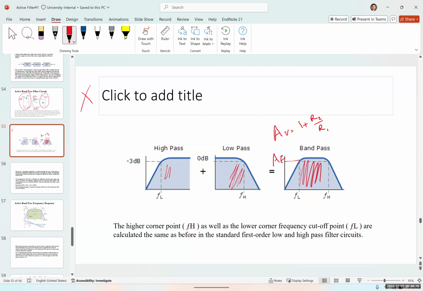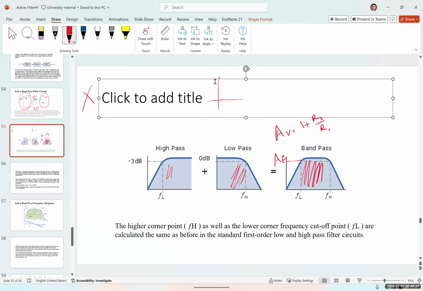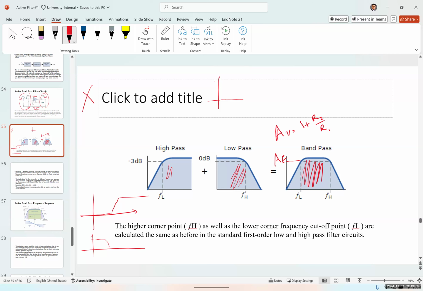So for example, if I create a high pass filter which looks like this, and my low pass filter looks like this, if I combine these two, then I would have nothing left and everything would be filtered out.